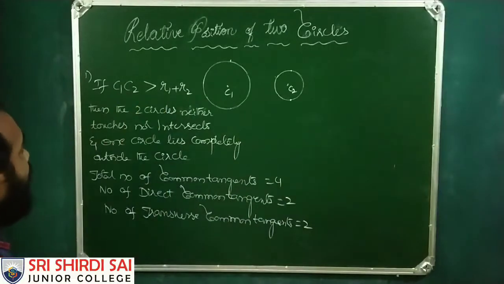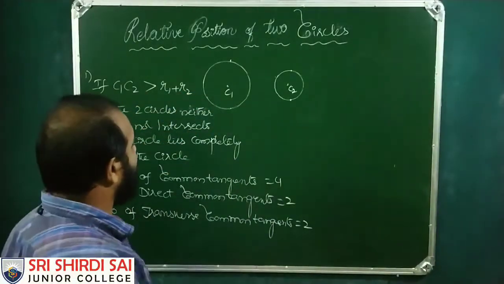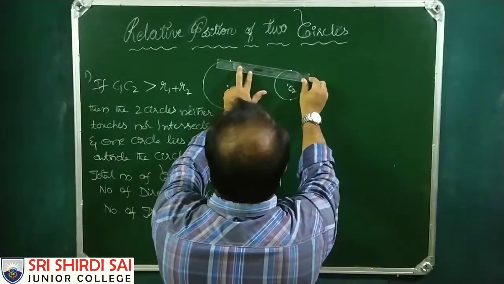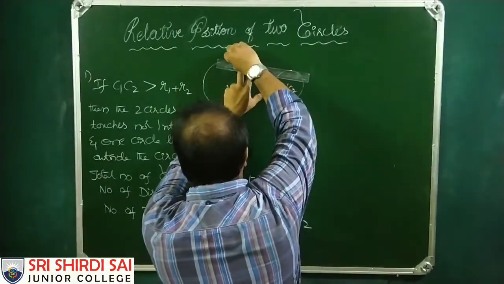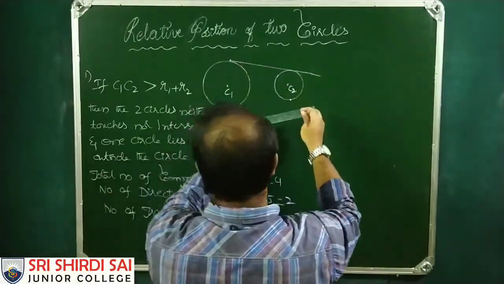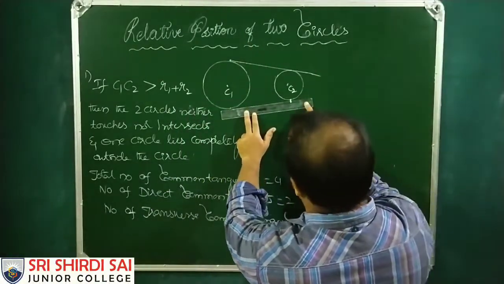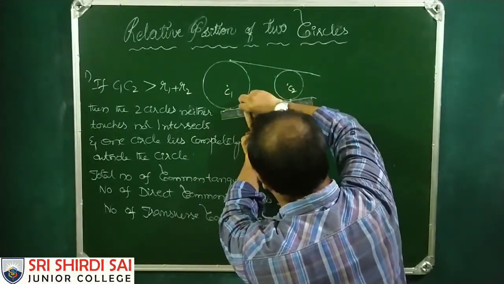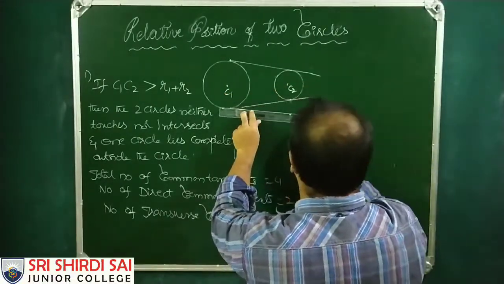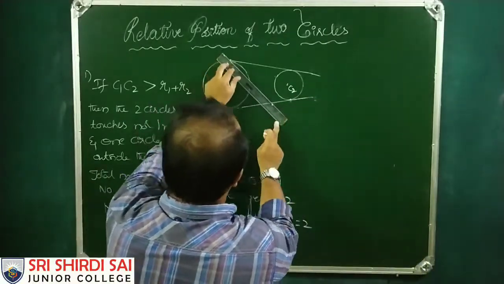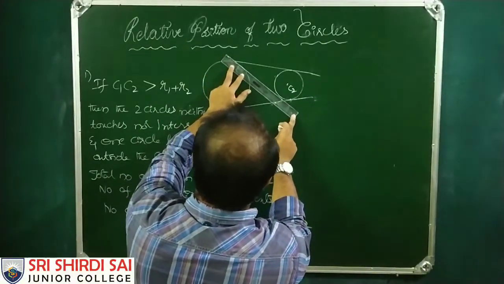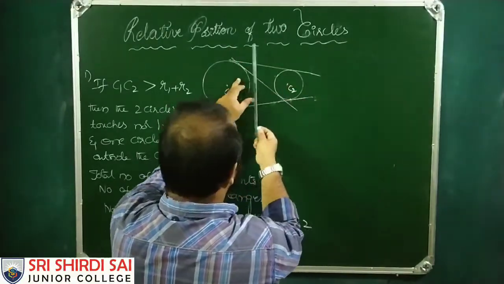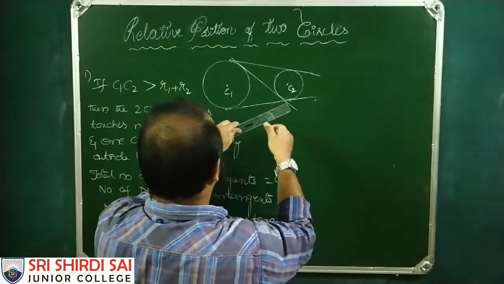C1, C2 are the centers of the two circles, and see here, this is one direct common tangent and this is another direct common tangent. This is one transverse common tangent, and this is another transverse common tangent.